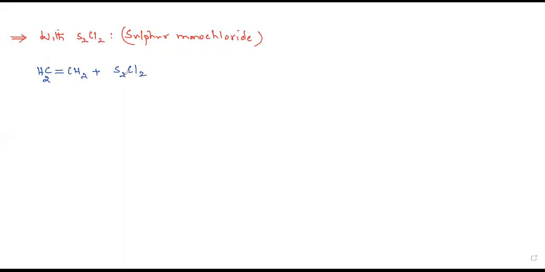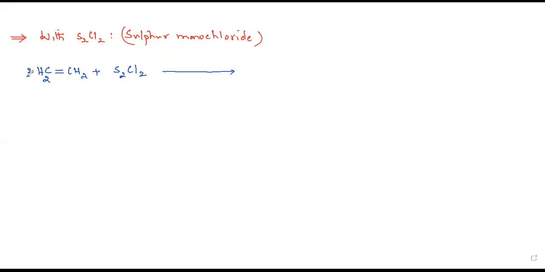Now an interesting reaction. See, this reaction is with sulfur monochloride. Now ethylene reacts with sulfur monochloride.